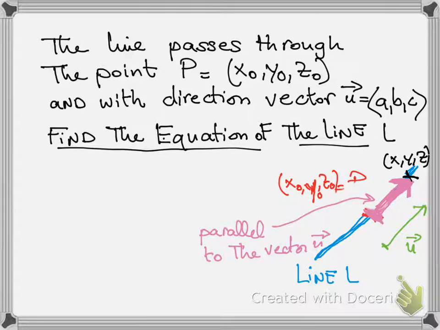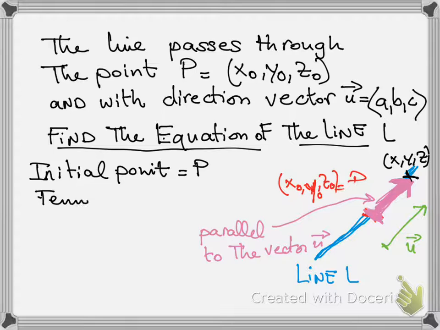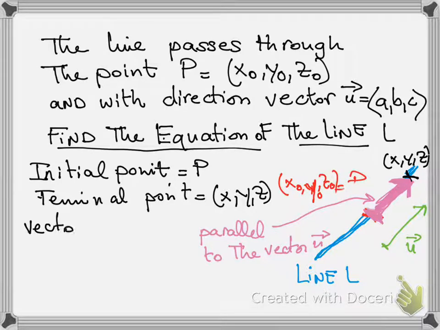So what are the coordinates of this vector? Well, the initial point is P and the terminal point is x, y, z.